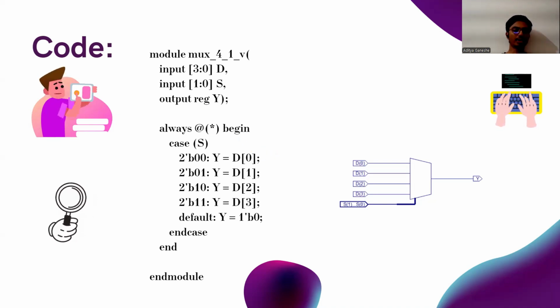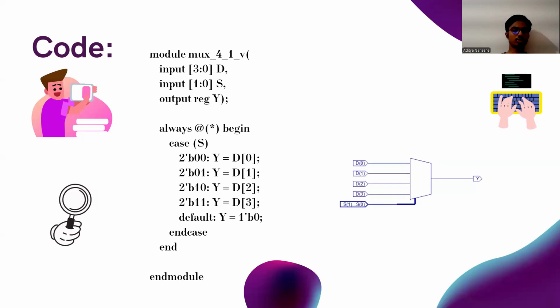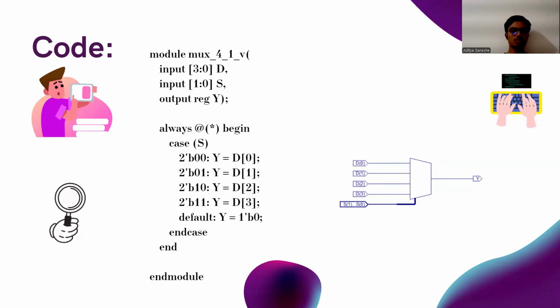The always @ indicates that the following block of code will execute whenever there is a change in any of the inputs, meaning if there is a change in D or S, the output will change accordingly. And the star means it is sensitive to all signals used within the block.